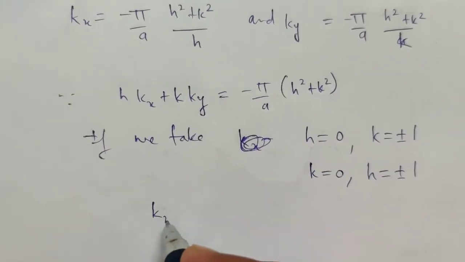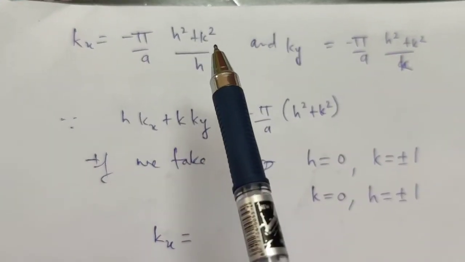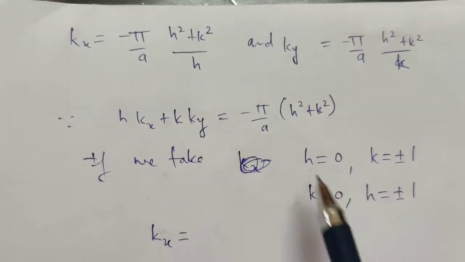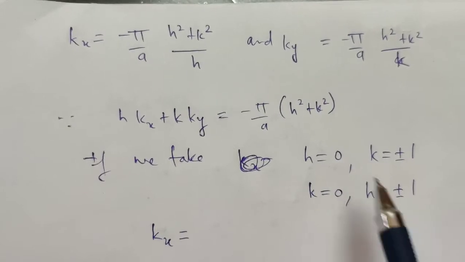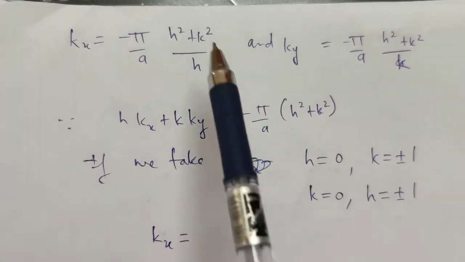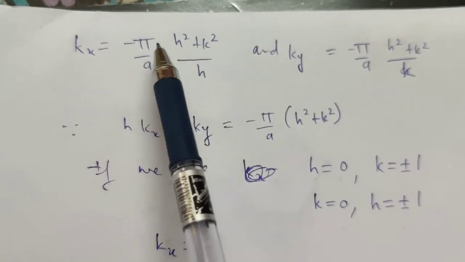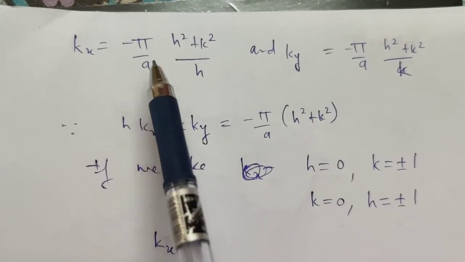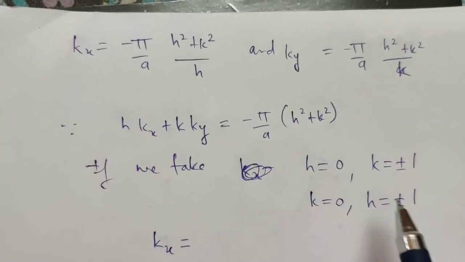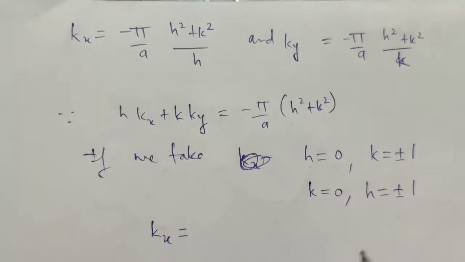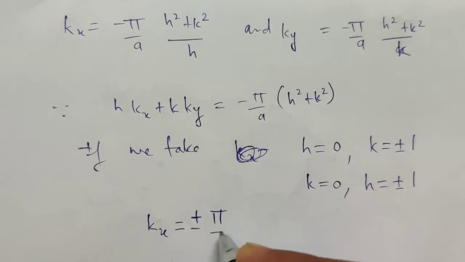If k is equal to 0, suppose you take h equal to 1, then kx will be minus pi by a, and if you take h equal to minus 1, this will be plus 1, so kx will be plus minus pi by a.